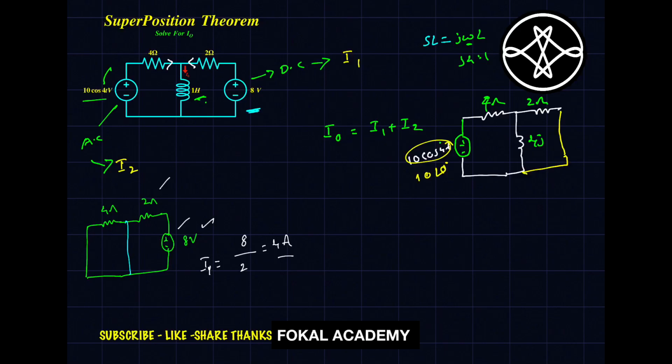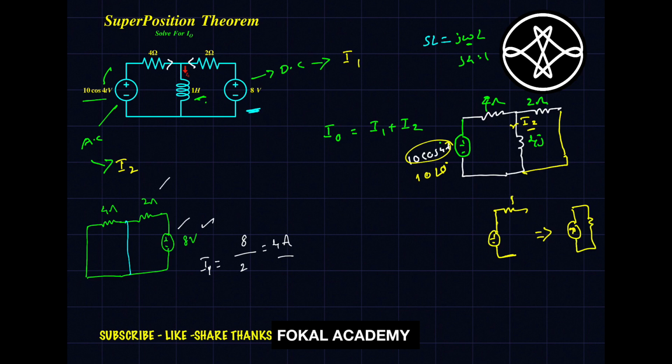Now how can you find current I2 in the inductor? This is current I2 due to this voltage source. I am going to use the source transformation technique to simplify this. Whenever a voltage source and a resistor are in series, they can be replaced with a current source with a parallel resistance.